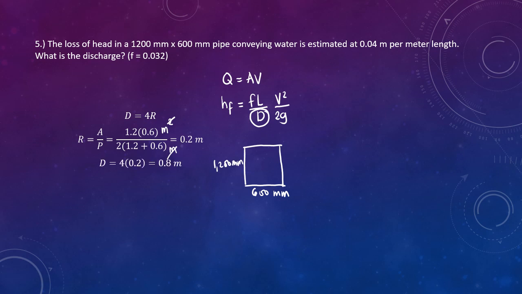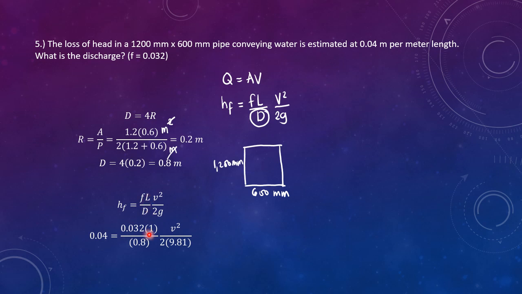Therefore, D is equal to 4 times 0.2, and that is equal to 0.8 meter. Next, we use the Darcy-Weisbach formula and substitute the values. hf from the problem is 0.04 meter per meter length. f is 0.032.